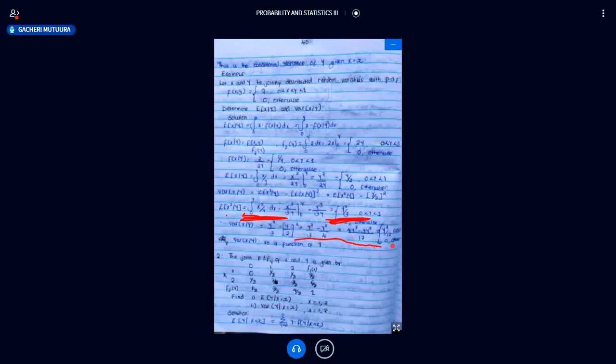Once you simplify that, you're going to get y squared over 12.